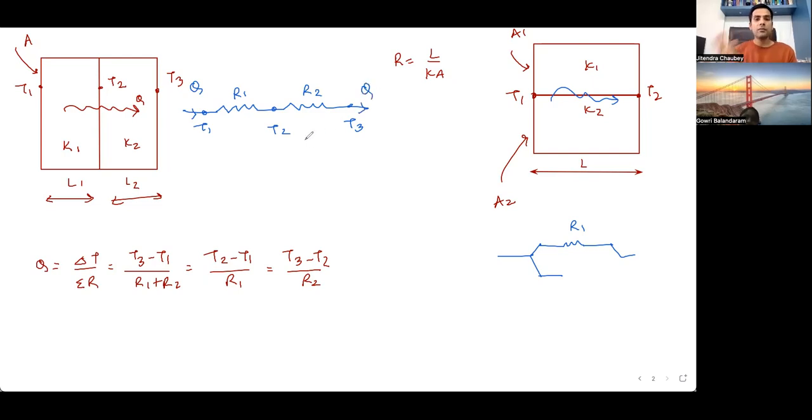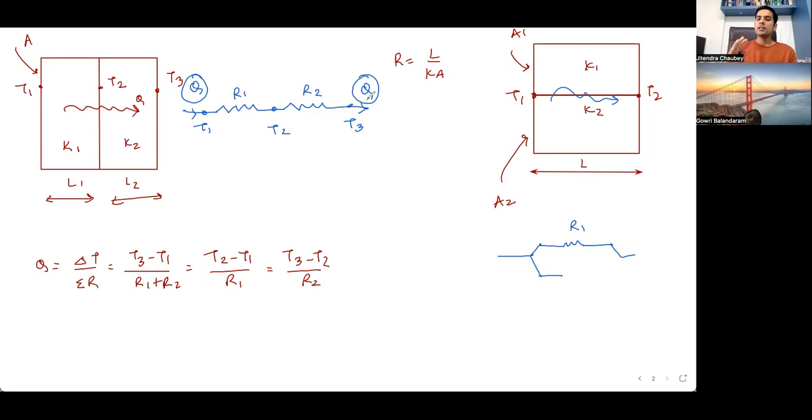One very important point: whatever is entering at every instant will also be leaving the slab. That is continuity. The quantity of heat entering will always be equal to quantity of heat leaving.